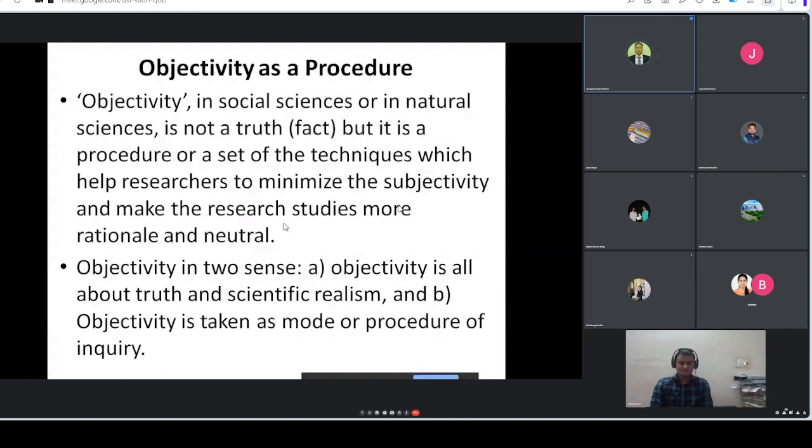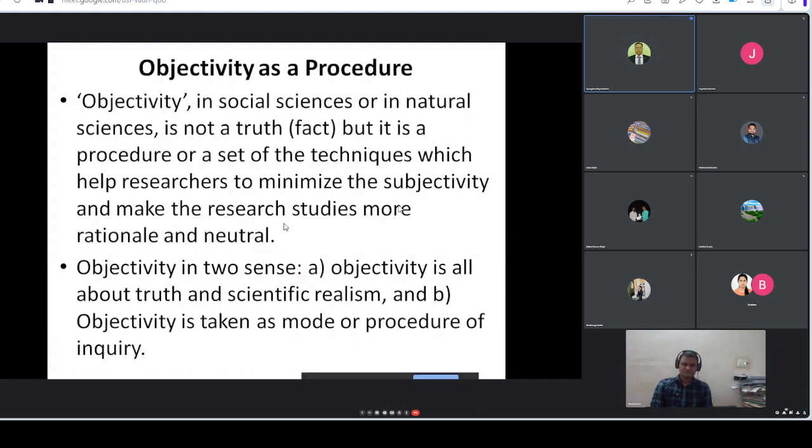What type of technique? Objectivity will minimize the subjectivity of your research. By minimizing the subjectivity, our study will be more rational. Our conclusion will be more neutral. It is very, very important that the conclusion we draw should be neutral, should be based on facts, logic, reason, rationality.